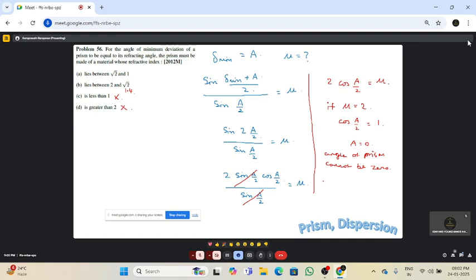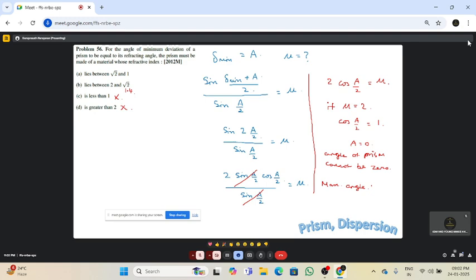So the maximum angle, what is that? Somebody said something? Maximum angle you can take.